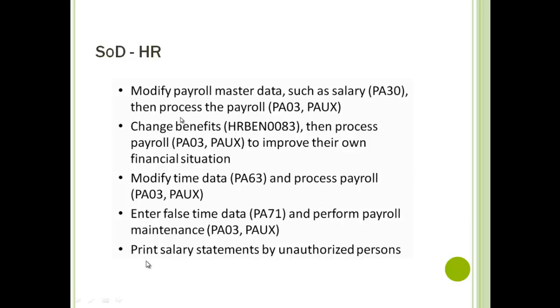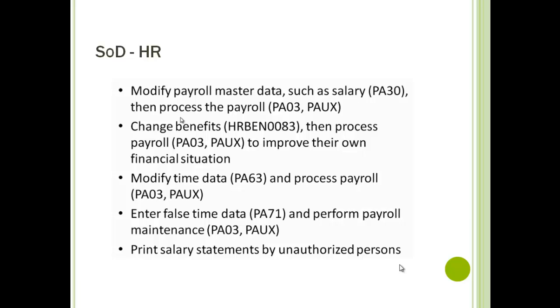And we can also see printing salary statement by an unauthorized person. This is again not a segregation of duty, it may be a critical authorization. Printing salary statement is again very sensitive information. You cannot allow everybody to print the salary statement. As we have seen, if you print the salary statement, then we need to know who can view the salaries. That is also very sensitive information.